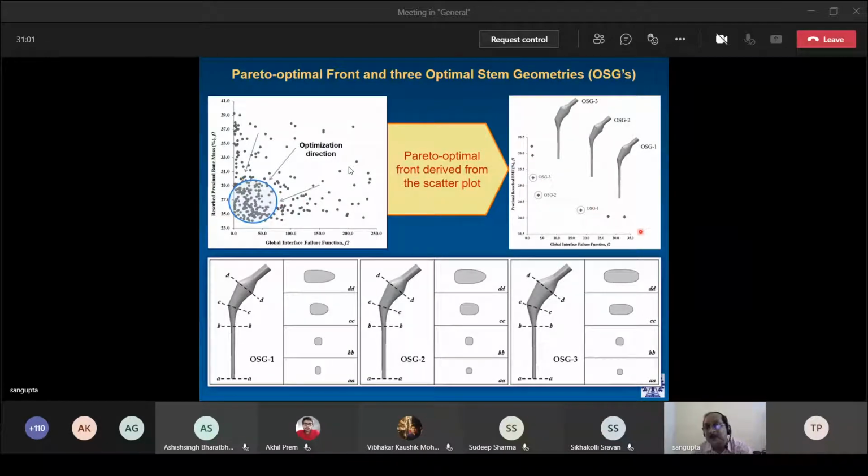And this is the Pareto optimal front, where we can identify optimal stem geometry 1, optimal stem geometry 2, and optimal stem geometry 3, which looks like this. 1, 2, 3. Okay? And you can see, more zoomed in also, with the corresponding key sections A, B, C, D, how this is changing.